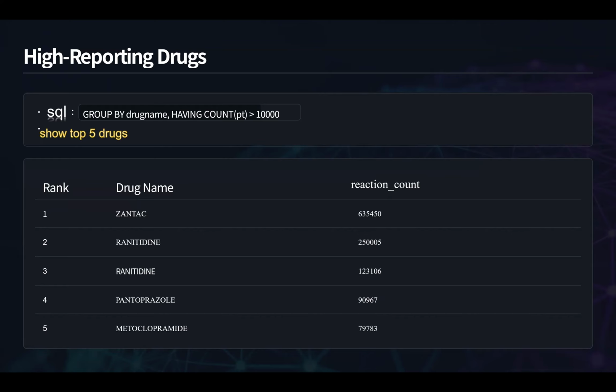The drugs with the most dyspepsia-related reports were Zantac, over 630,000 cases, and additional ranitidine entries around 370,000. The rest are pantoprazole, almost 90,000, and metoclopramide, around 80,000, which shows that ranitidine-related drugs clearly dominate the dataset, which fits their well-known historical safety concerns.